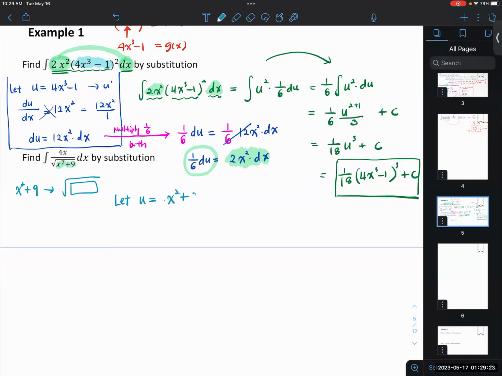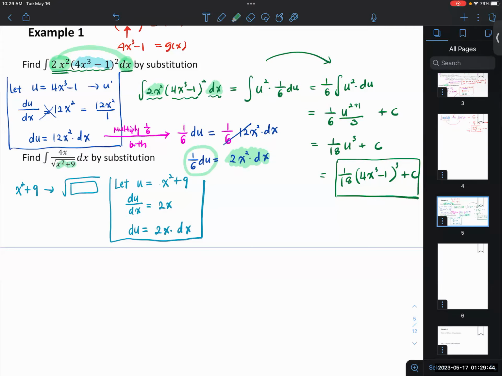And then we take the derivative: du over dx is 2x, correct? And then it's cross multiplication: du will be 2x times dx. That's your u substitution.